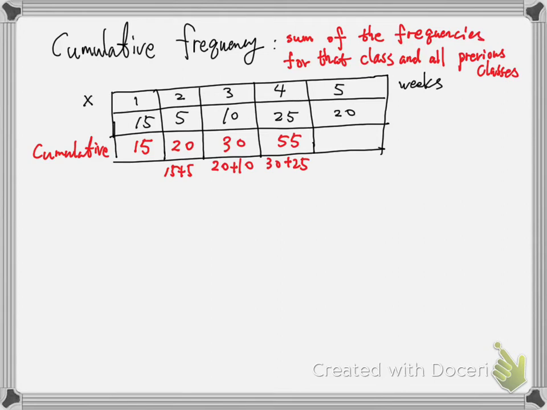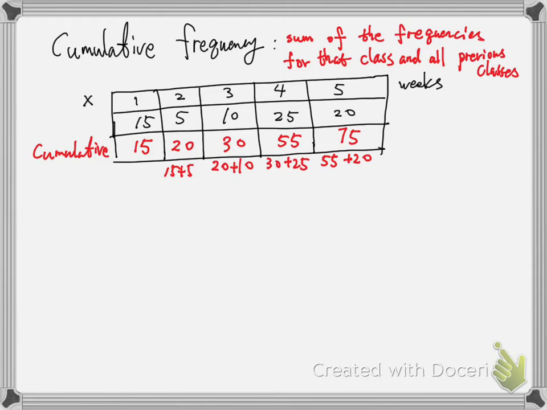For week 5, all previous classes we got 55, and for week 5 we got 20 more, so it's 55 plus 20, 75. So we make a new table by adding this new row for the cumulative frequency.